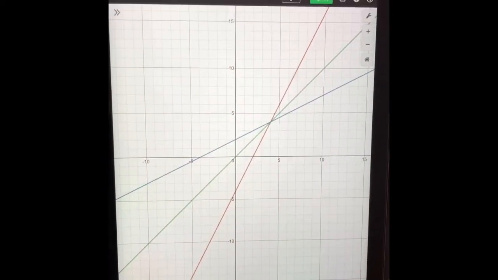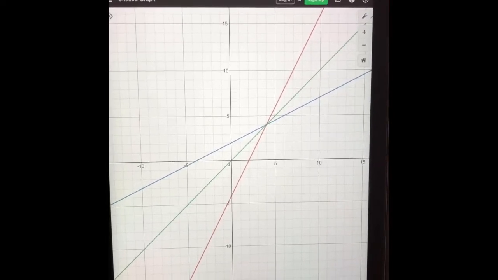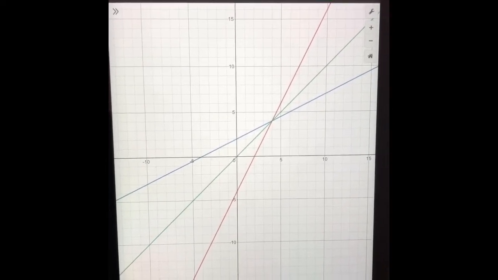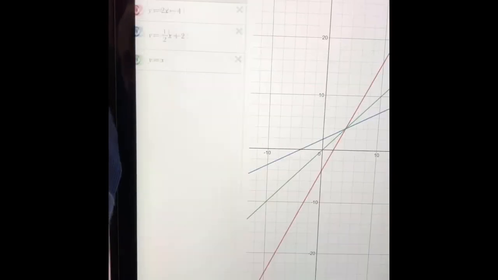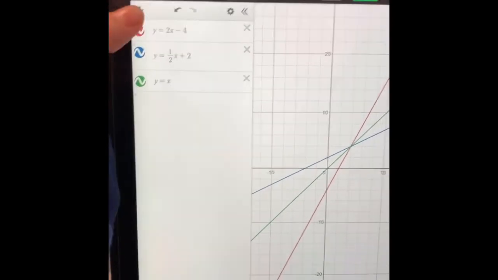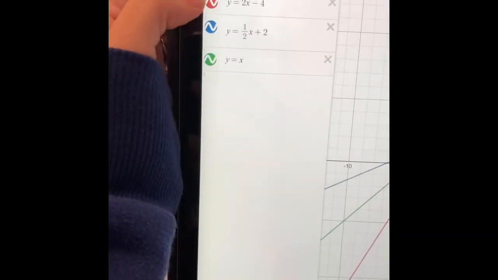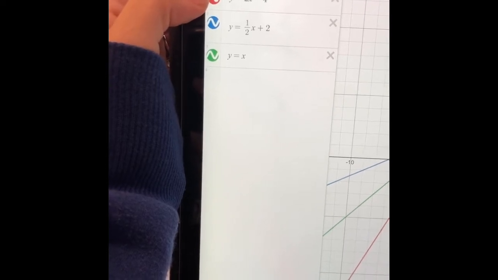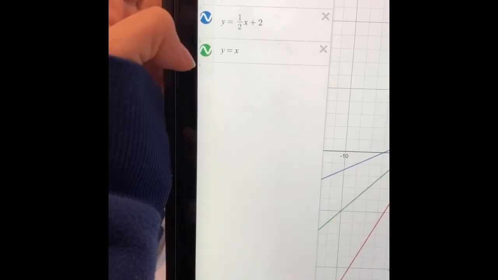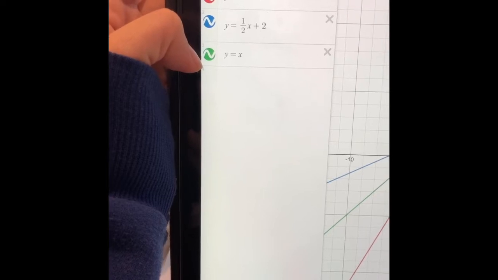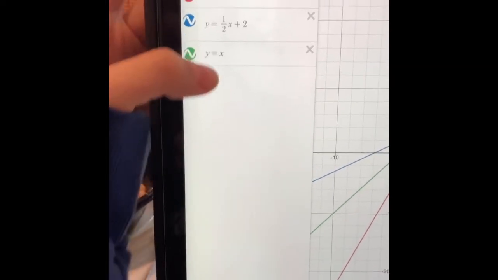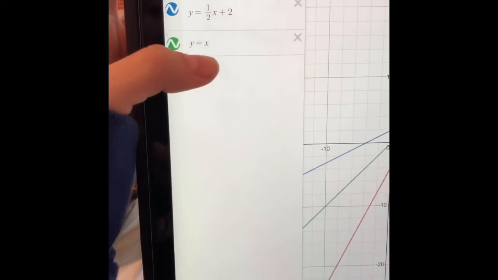Another way you could verify if functions were inverses or not is by looking at the graph or looking at their table. Okay, so if you look at the functions that I put in on Desmos.com, I typed in our function f, our function g, and then this is what they should reflect over. Remember, this is what we should get. Everything should cancel out but x, right?